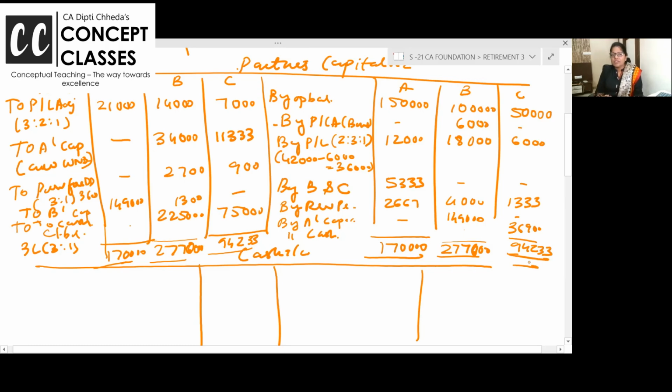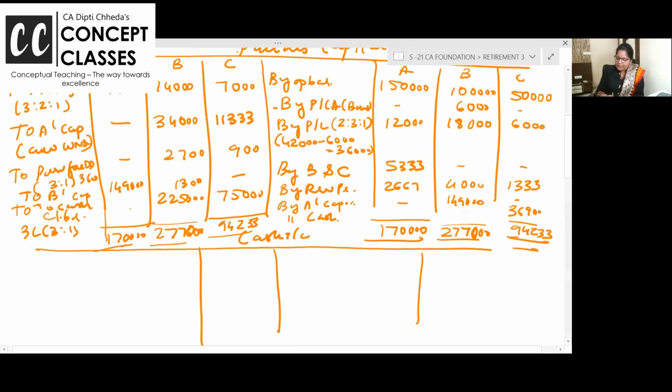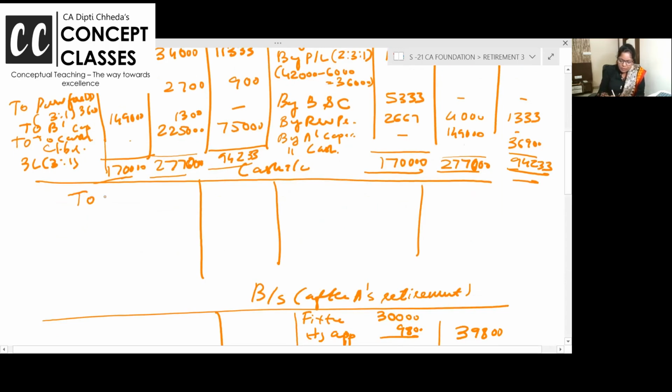Why like this, dear students? Because you want the closing balance for B and C. Chalo, what is the opening balance of the cash? It would be given in the opening balance sheet. See how much cash is coming. Opening cash is 10,000.